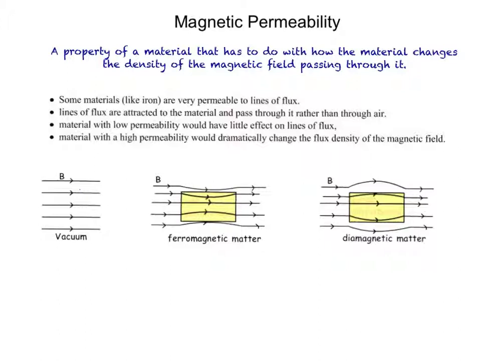Material with low permeability would have little effect on the lines of flux, the magnetic field lines. Material with high permeability would dramatically change the flux density of the magnetic field. So in a ferromagnetic material, those lines of flux would be concentrated in that highly permeable material. In a diamagnetic material, it's less concentrated.